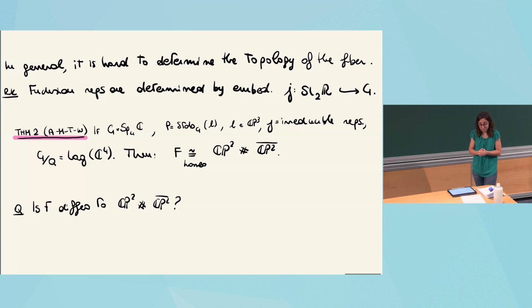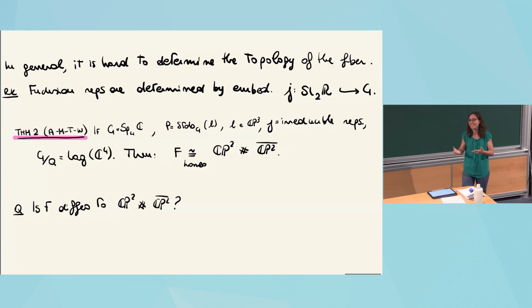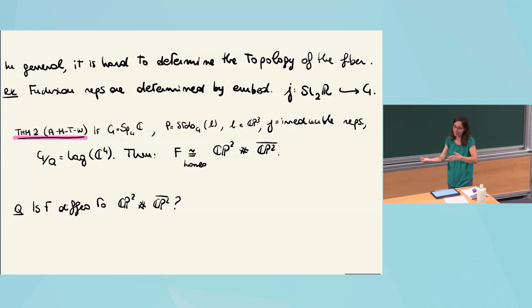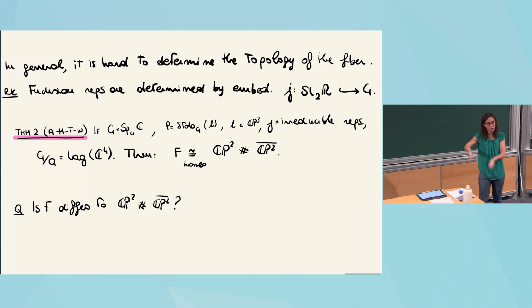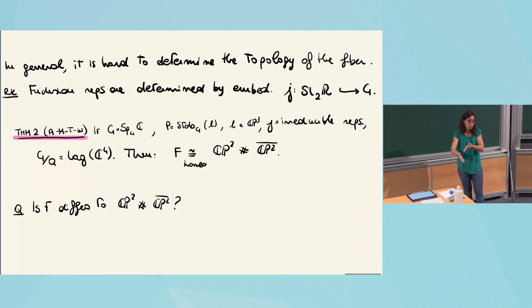This fiber is dimension 4. You maybe are not surprised by that. Yes, we are using the classification of smooth four-manifolds. And the way that we prove this theorem is very indirect. So we build another fibration that is not smooth, but that is much more concrete, so that we can study the homology, we can study the intersection form, and then we use the classification of four-manifolds to conclude.